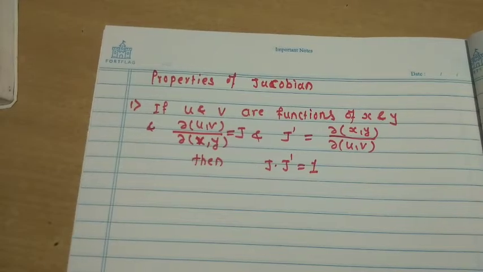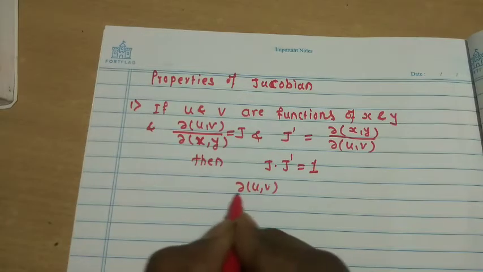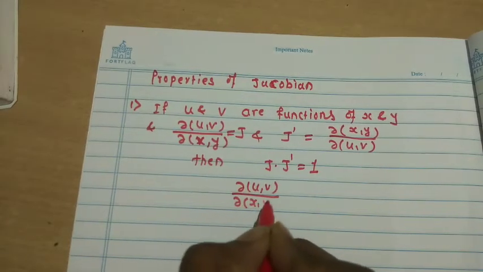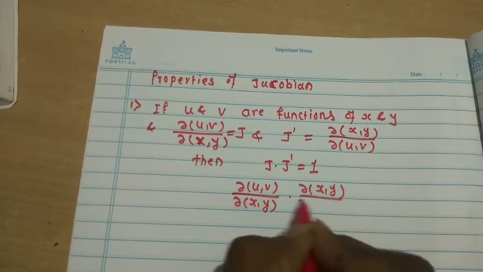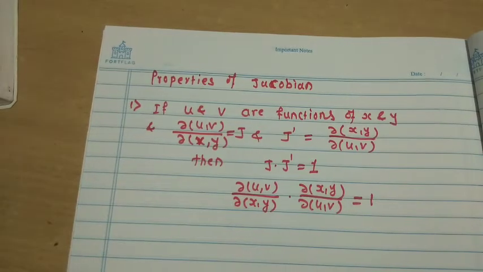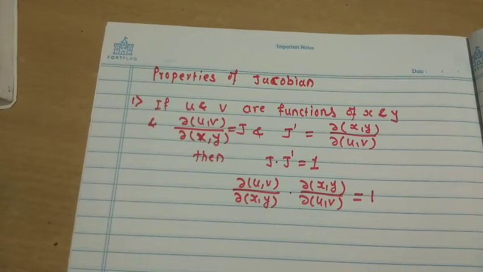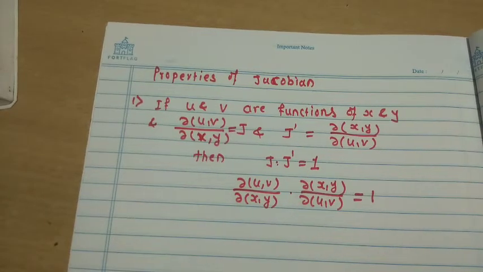J into J dash is equal to 1. That means del of u comma v by del of x comma y into del of x comma y upon del of u comma v is equal to 1. So please remember student, J dot J dash is equal to 1 always.